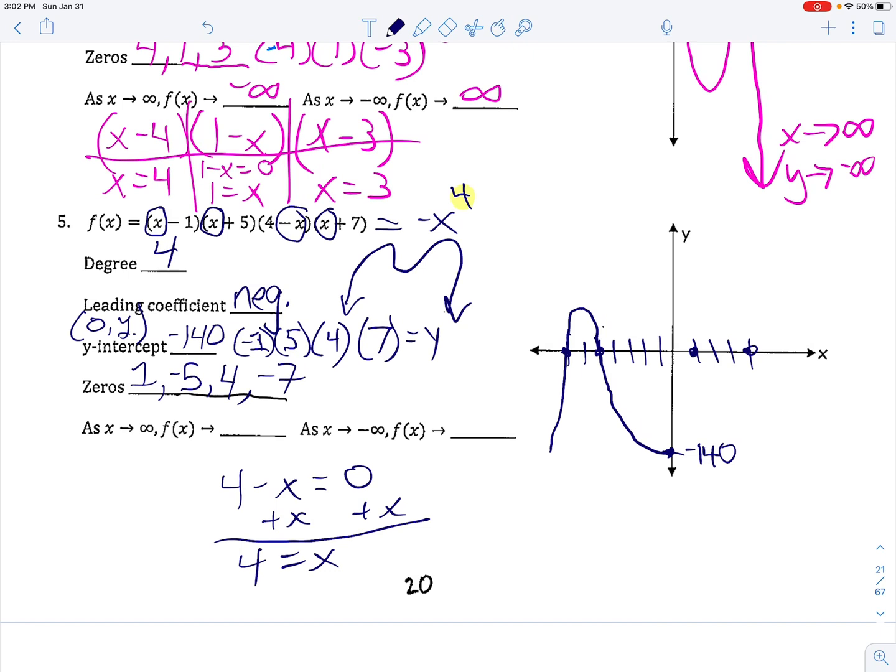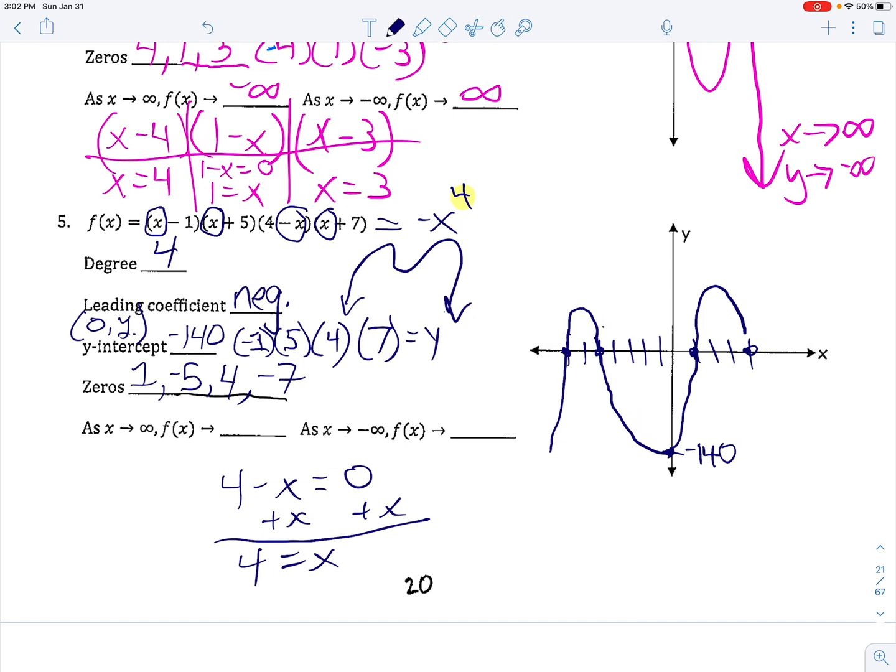And then it's going to come back up and go to the next point, which is 1, and then it's going to go through there. And then once again, it's going to come back around here.